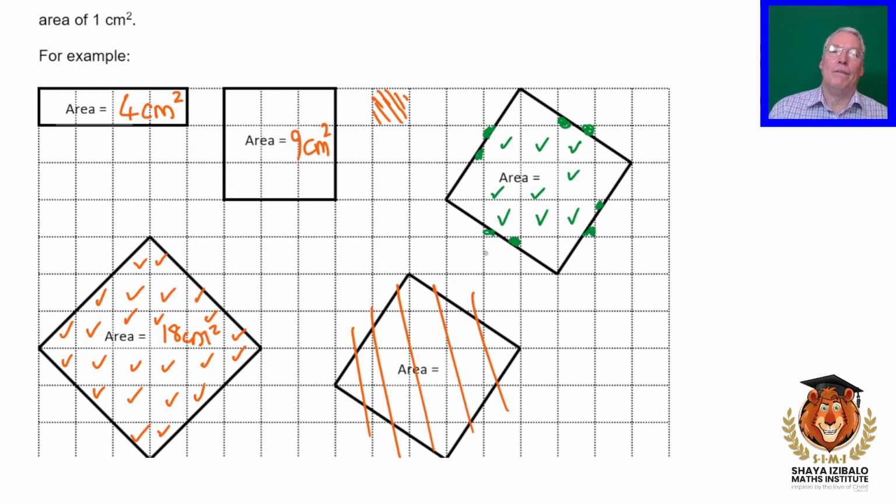Now these last bits, this little piece over here looks to be about the same size and shape as that. So together we're going to count this as 1, together we're going to count that as 1, together that as 1, and together that as 1. So let's see what we've got. 1, 2, 3, 4, 5, 6, 7, 8, 9, 10, 11, 12, 13. I'm going with 13 centimeters squared. It's a bit rough, it's a bit of a guess, and we'll see.